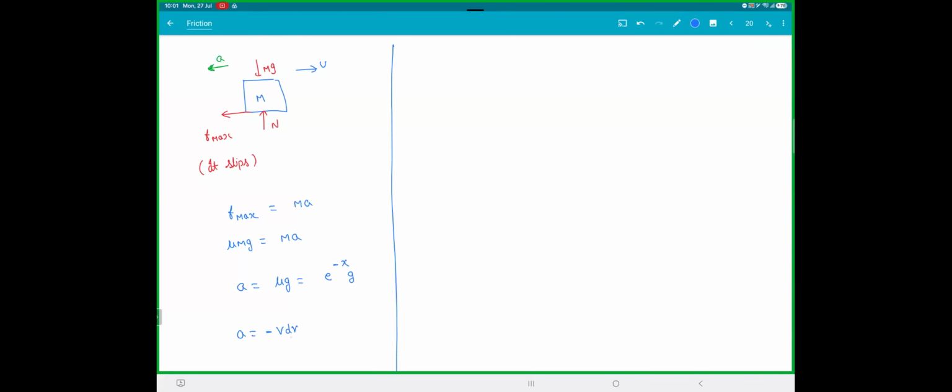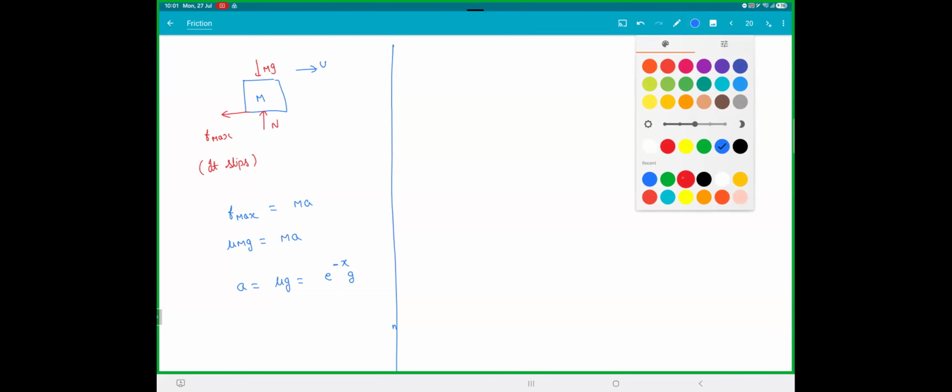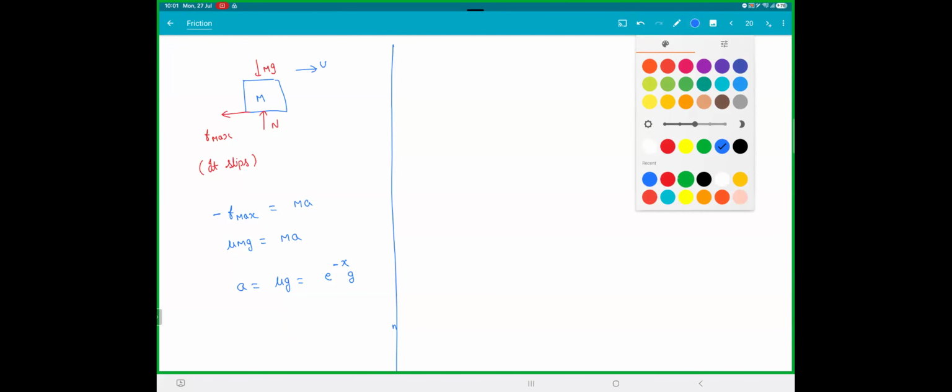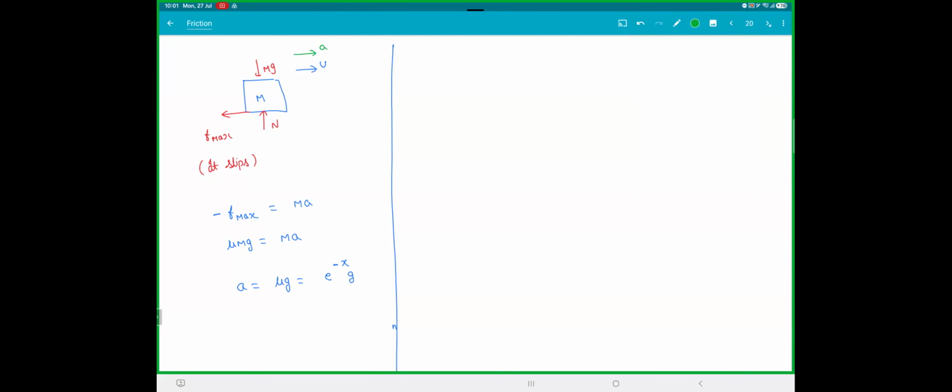Then a becomes minus v dv by dx because it's decelerating. You can see a and v are opposite. If they're in the same direction, I would have written plus. Or you can do even better: F is equal to minus ma, assuming a also in the forward direction. It's just a matter of playing with the minus sign.